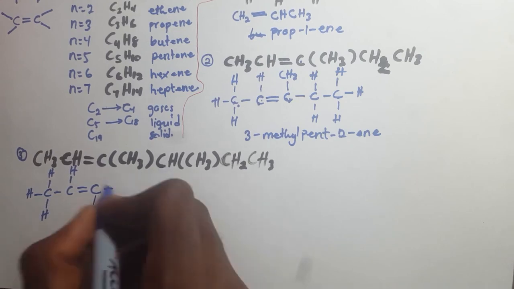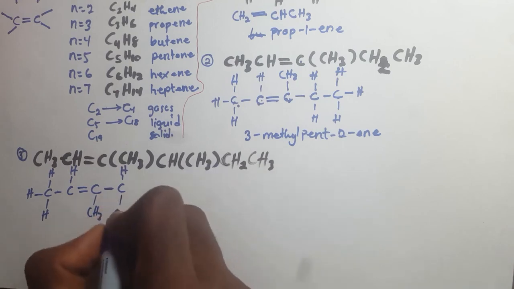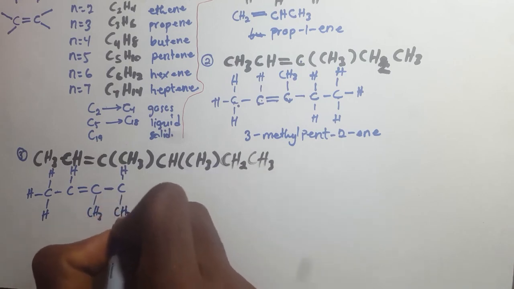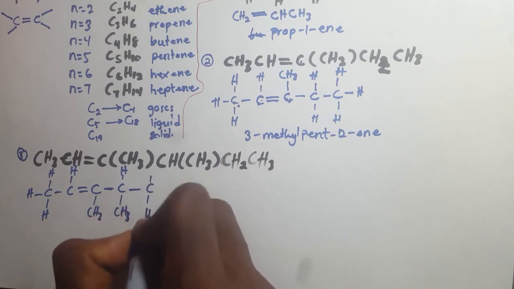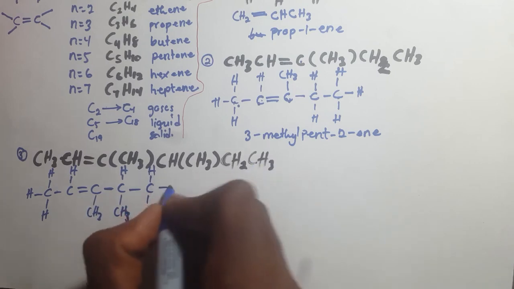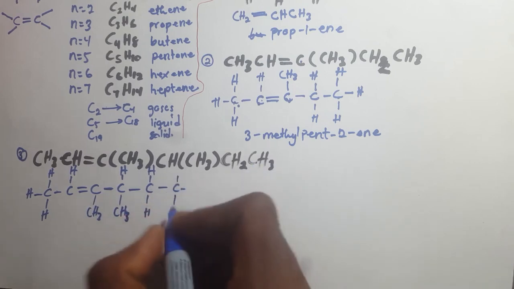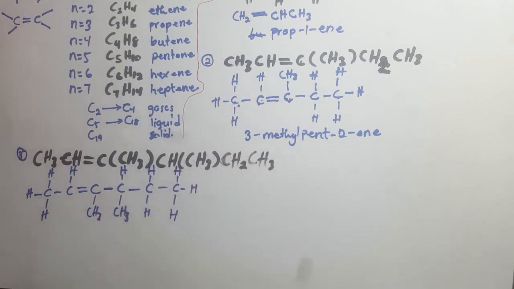Yes. Then you have another C here with your H. Then this CH3 is a substituent because it's in a bracket. Then you have another C, H here, another H here. Then this last one, C, H here, H here, H here.